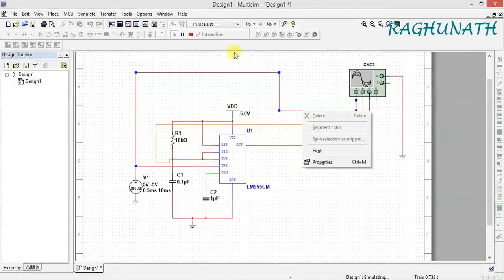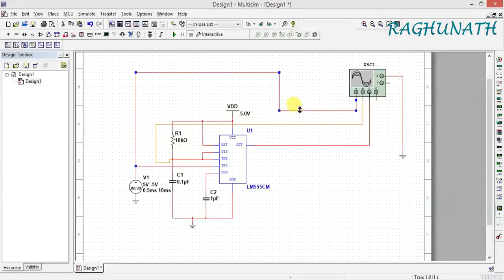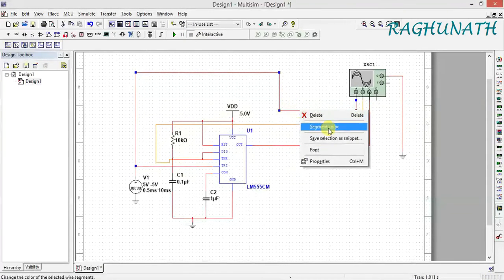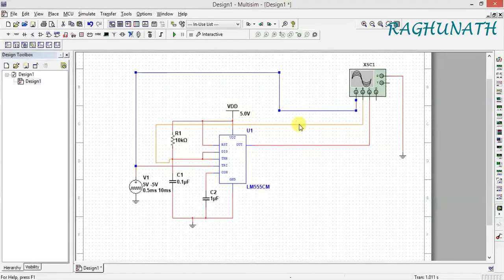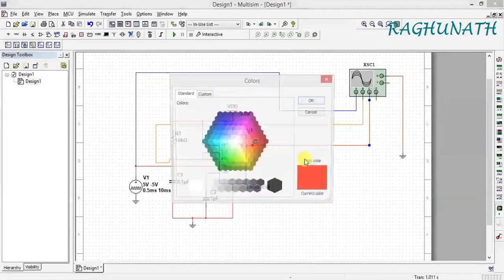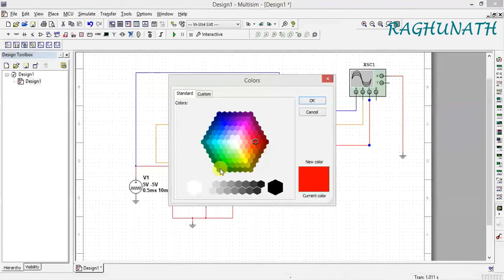Right click. First you have to stop the simulation. Right click and set the color to input. Now I'll give blue color to the input. Then for the output I'll give dark green.